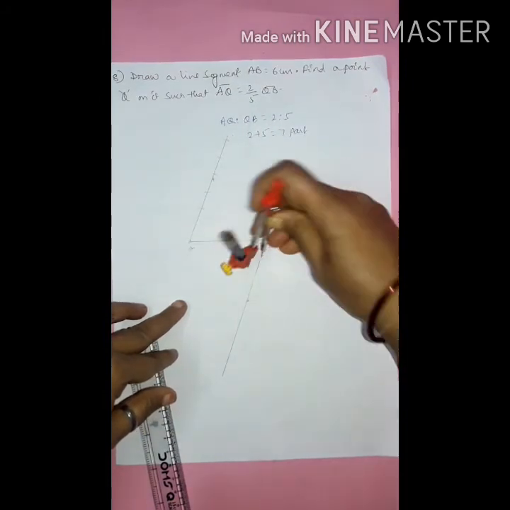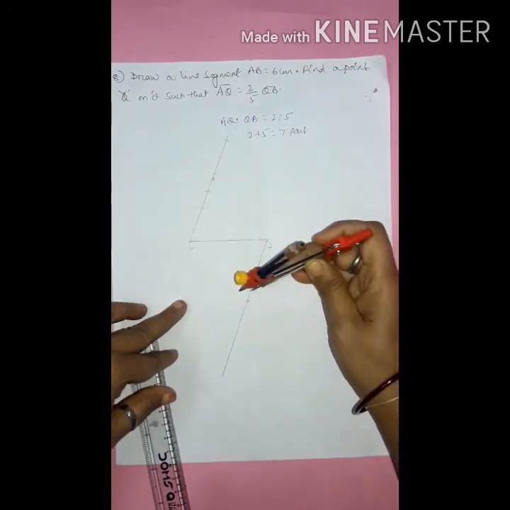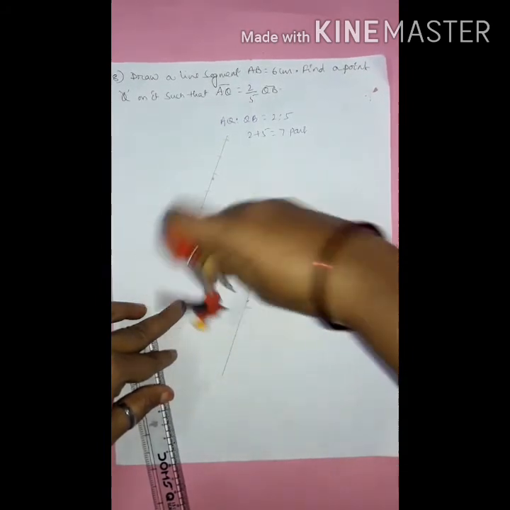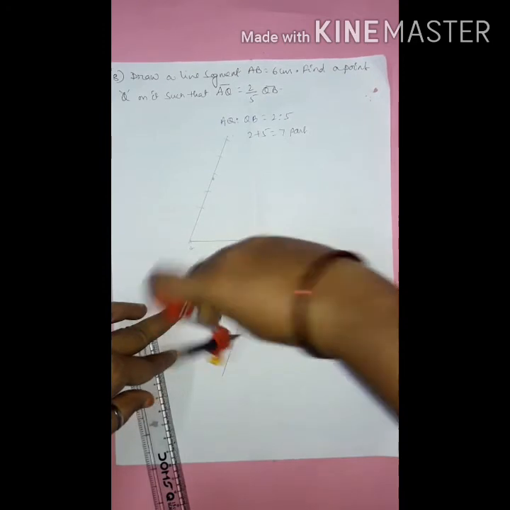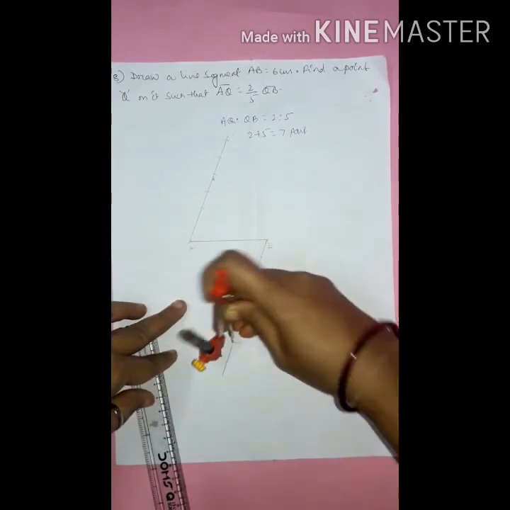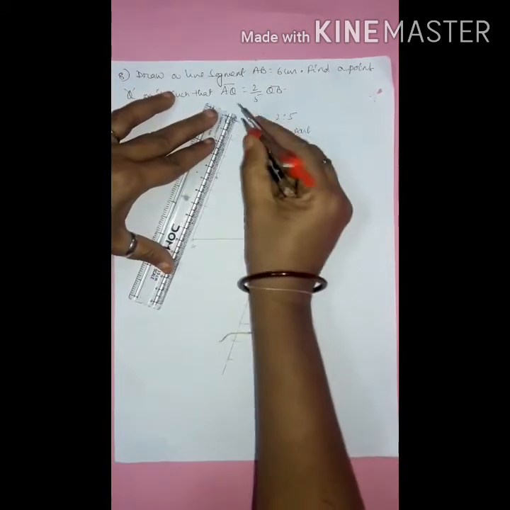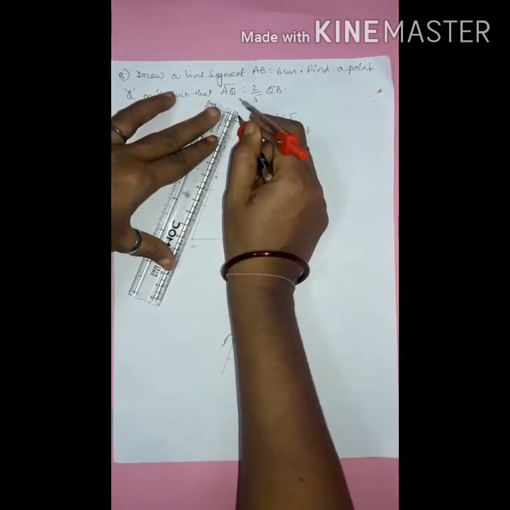1, 2, 3, 4, 5, 6, and this is the 7. So here we are extending this one.